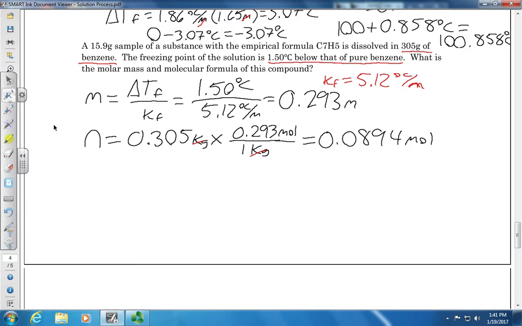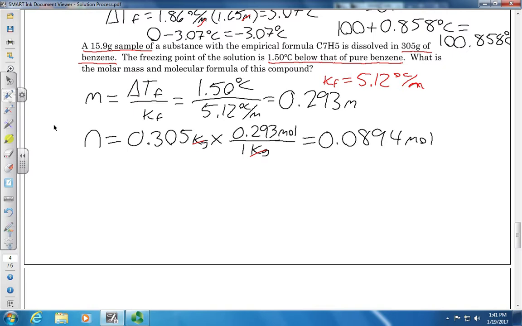And what else do we have? We have the mass of the solute right here, the very first thing. So what is molar mass? It's simply grams per mole.